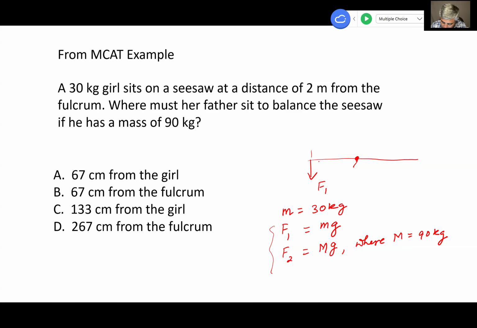So you can say, okay, the lever arm in this case is L1, which is 2 meter. If we choose this as an axis, because we don't know how much force the fulcrum is applying, we want to choose this as axis. And father sits somewhere here, let's say L2.